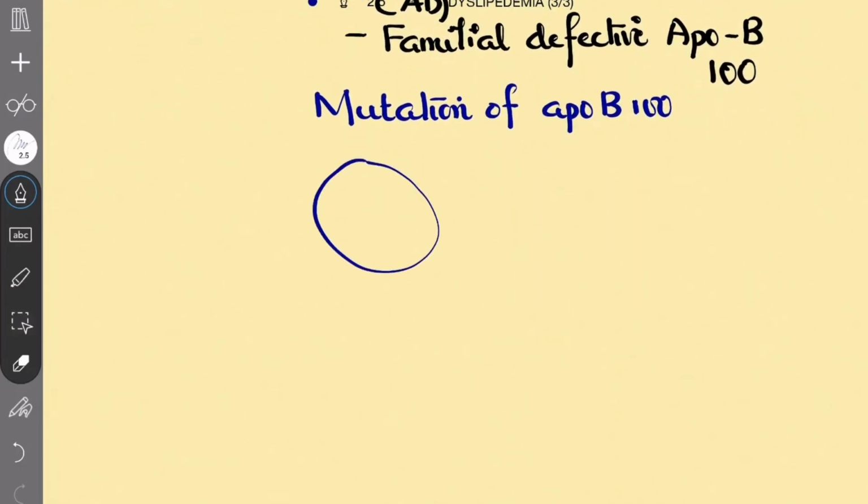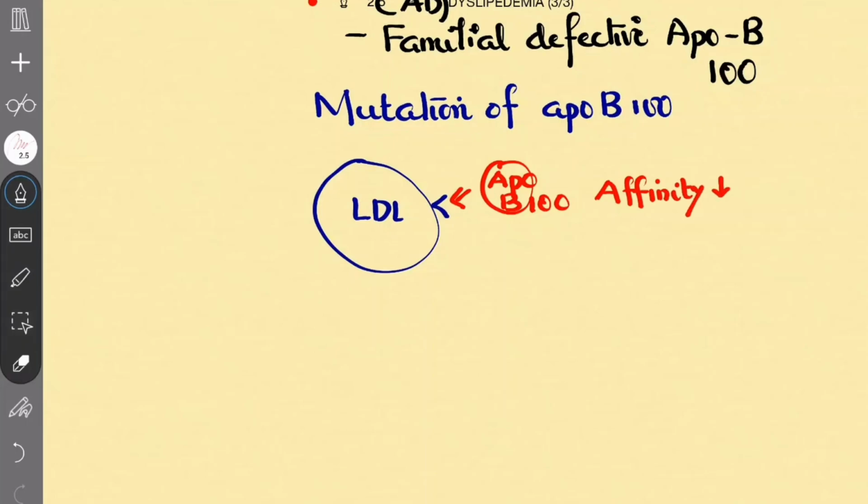If this is an LDL lipoprotein, and this is ApoB100, this affinity is reduced because of this mutation.